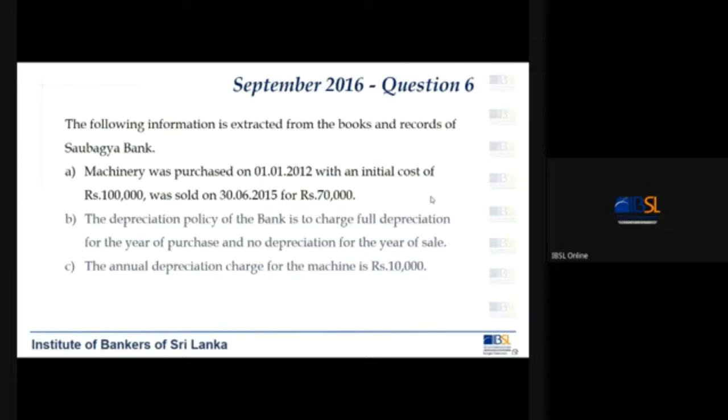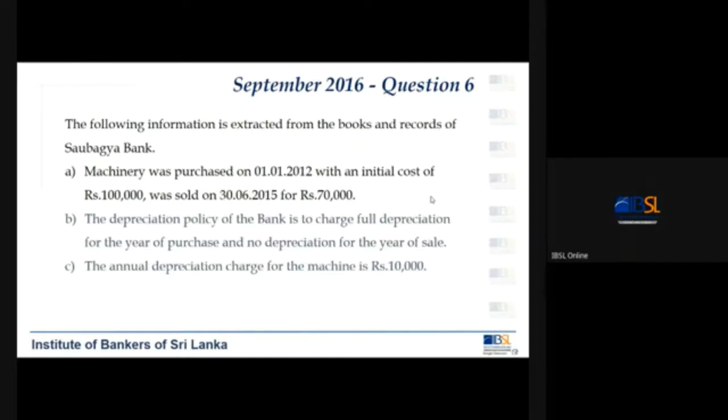The following information is extracted from the books and records of Saubhagya Bank, right? Machinery was purchased on 1/1/2012 with an initial cost of rupees 100,000. And it was sold on 30th June 2015 for rupees 70,000. Okay, they have sold it.